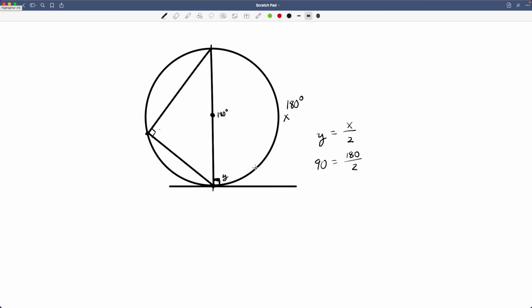In fact, let's pick a different point here, and we'll draw from here to here, and we'll draw from here to here. Still 90 degrees. Still 90 degrees. It's always going to be half of the intercepted arc. We know the intercepted arc from here to here is 180 also, because it cuts it exactly in half. So there's your proof. That's case 1.